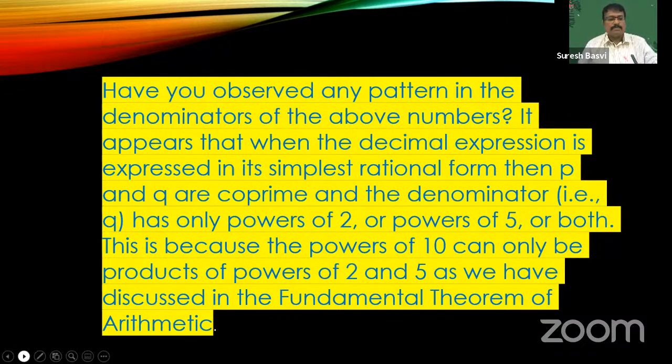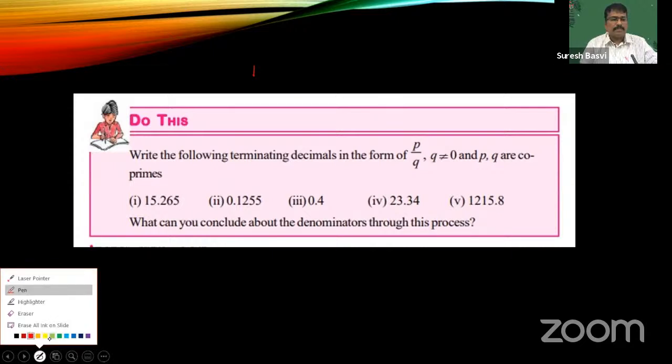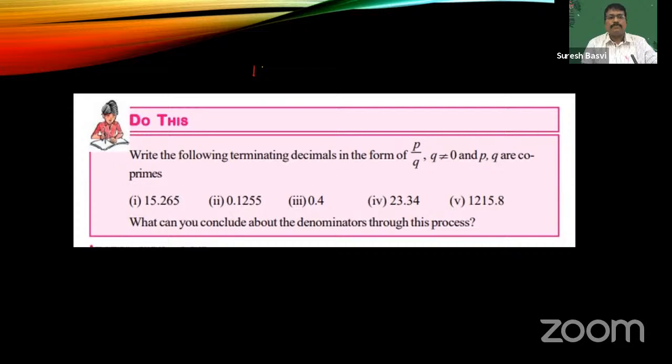Okay. Now, 15.265 is nothing but 15,265 by 1000. 3 zeros are there.